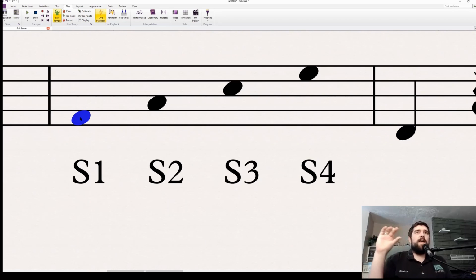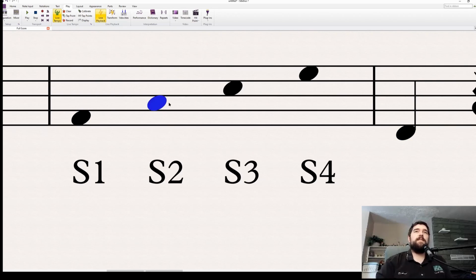That is the first space of the staff. I drew another note over here that some people might get the first space confused with. That one over here off to the right is not the first space. This one in between the first line and the second line, that one is the first space.